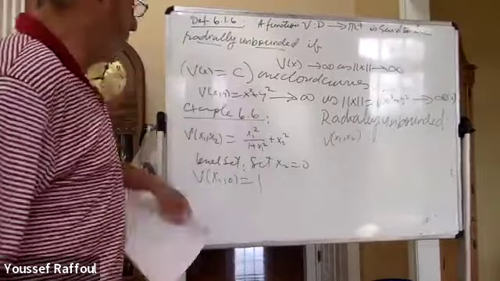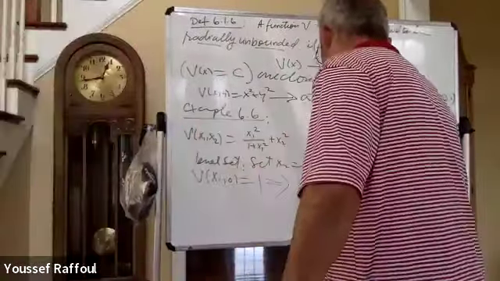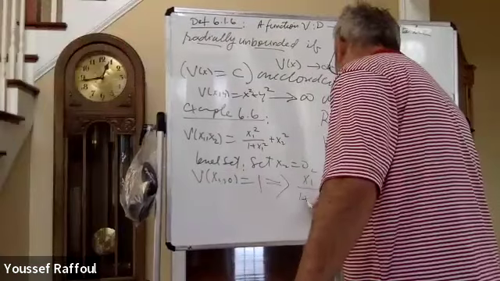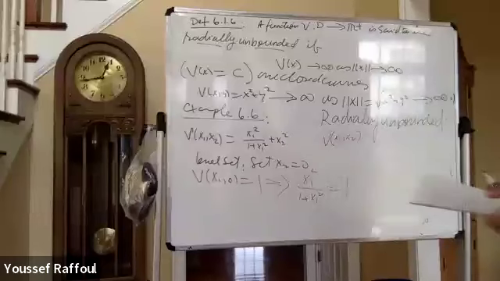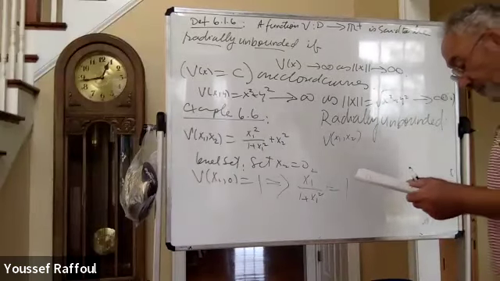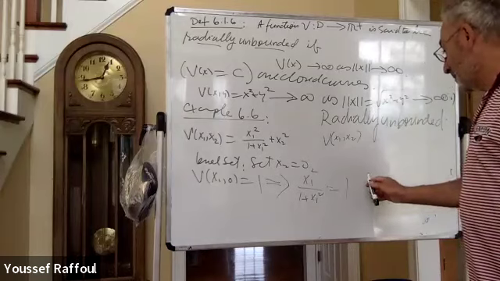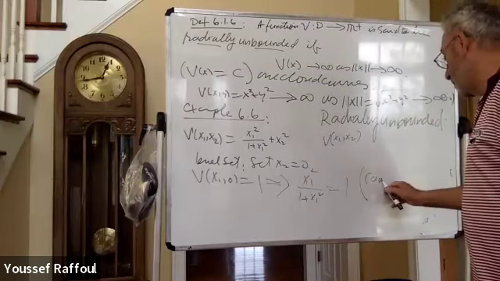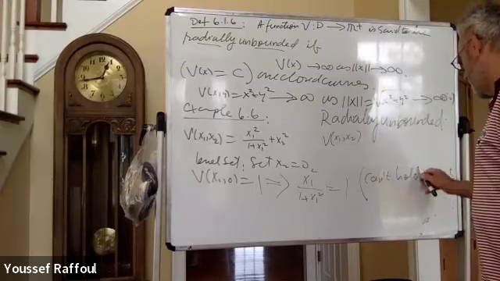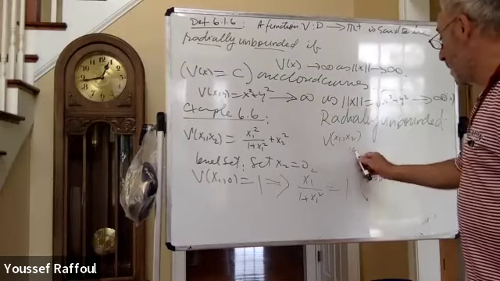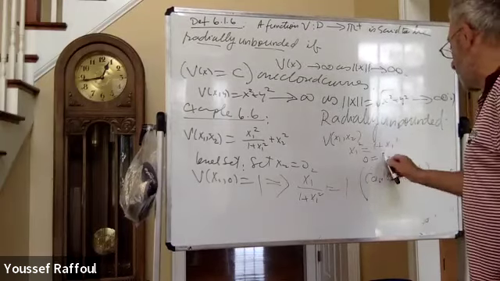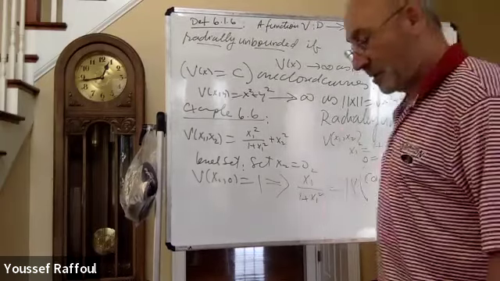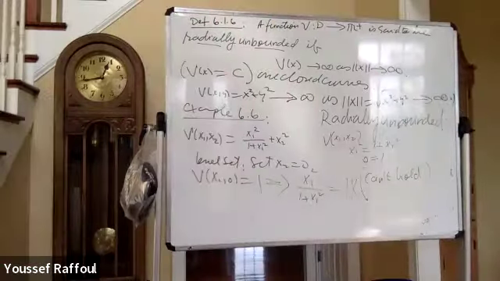This is the c. That implies x1 squared over 1 plus x1 squared equals 1. But that cannot hold. Why? You have x1 squared equals 1 plus x1 squared, you get 0 equals 1. So that is bogus. So v of x1, x2 is not radially unbounded.